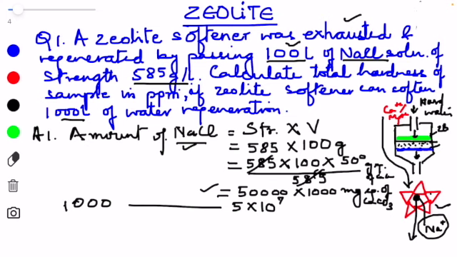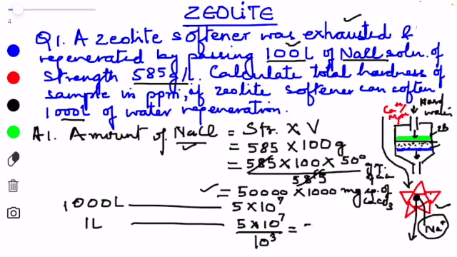I want to know the hardness. So 1 liter of water will be carrying 5 times 10 raised to the power of 7 divided by 10 raised to the power of 3.